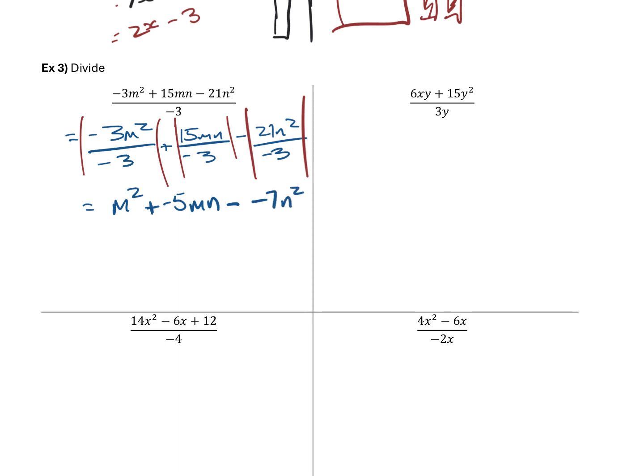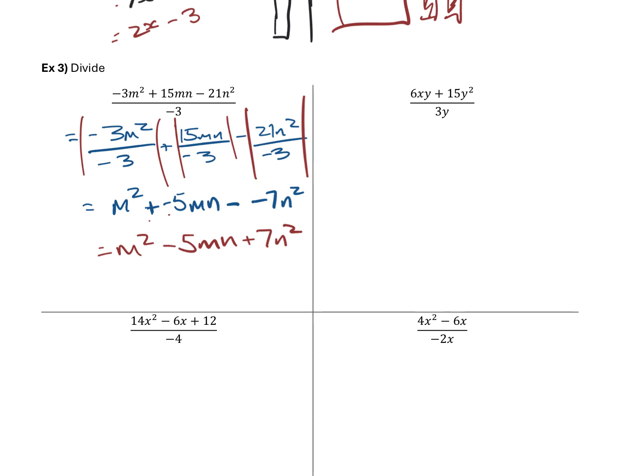Now, you might say, well, Mr. McKenzie, can we change that around and simplify it? Absolutely. So I have a plus and negative 5mn, so I have m squared minus 5mn, and I subtract negative 7n squared, so plus 7n squared. I can change that.